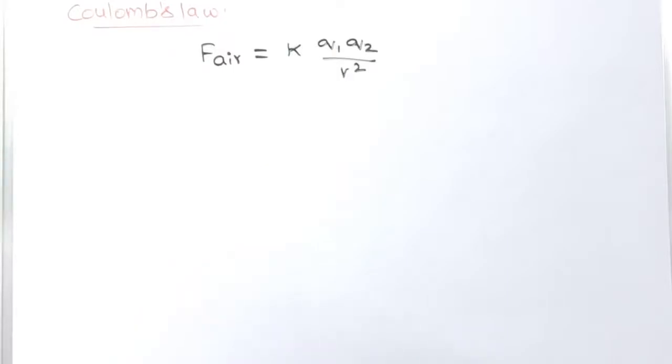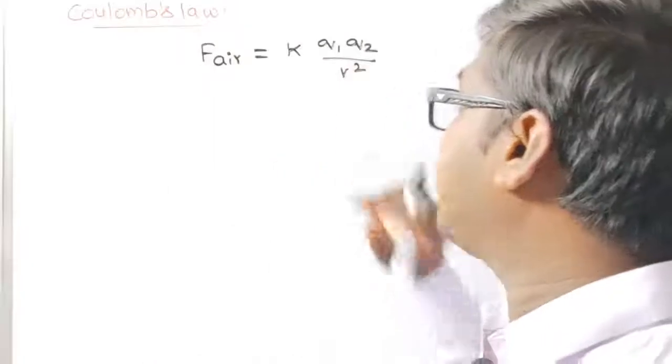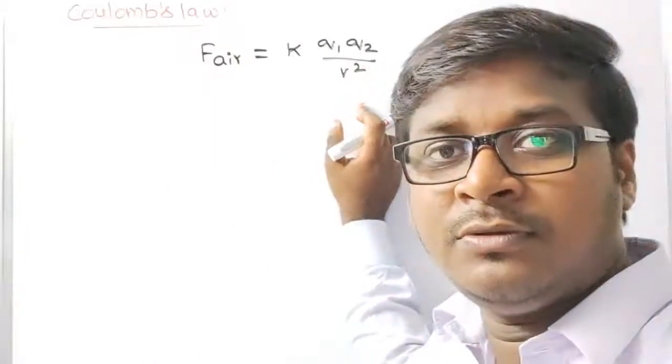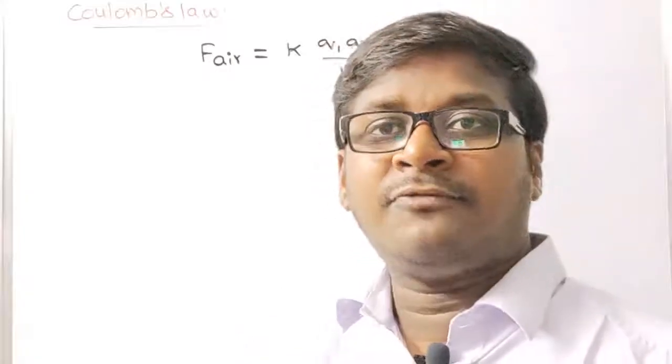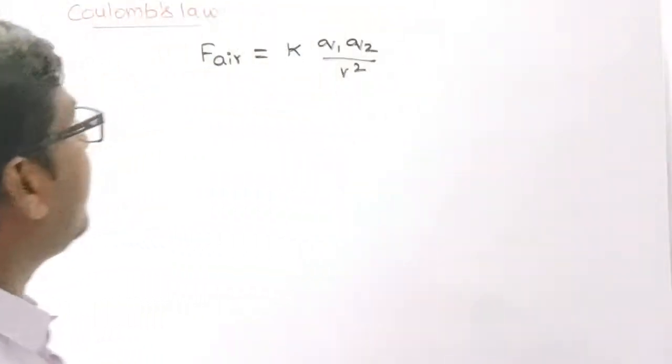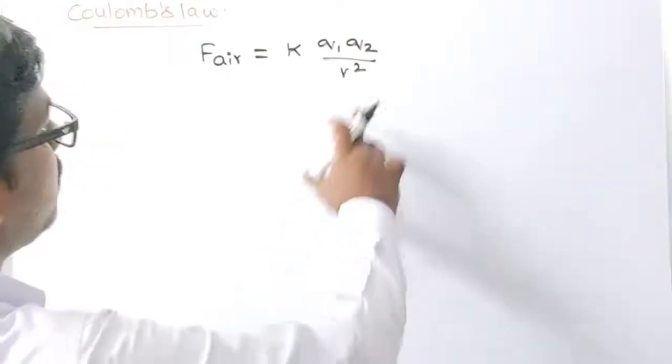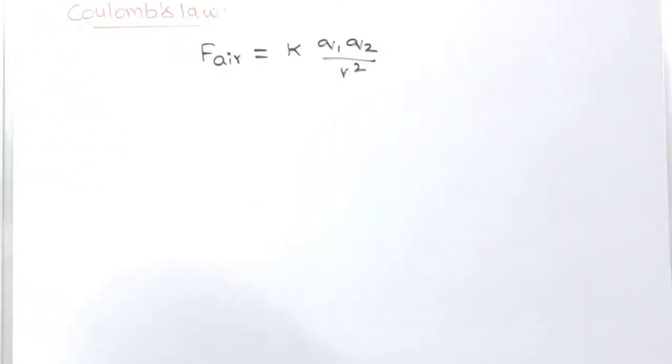Here if q1 and q2 are the same sign, that is repulsive. If q1 and q2 are of opposite sign, then the force is attractive. F air is equal to k into q1 q2 by r square.